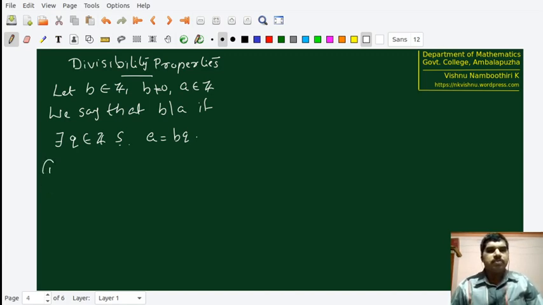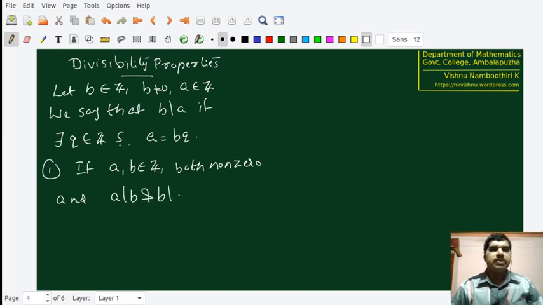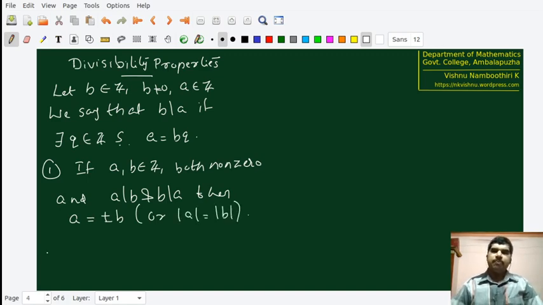Property 1. If a, b belong to Z, both non-zero, and a divides b and b divides a, then a equal to plus or minus b, or in other words, absolute values of a and b are the same.